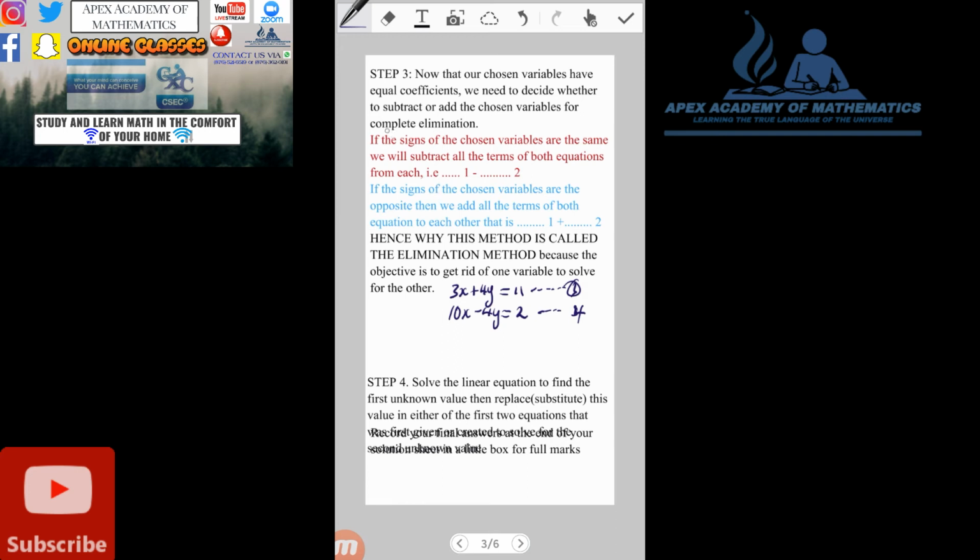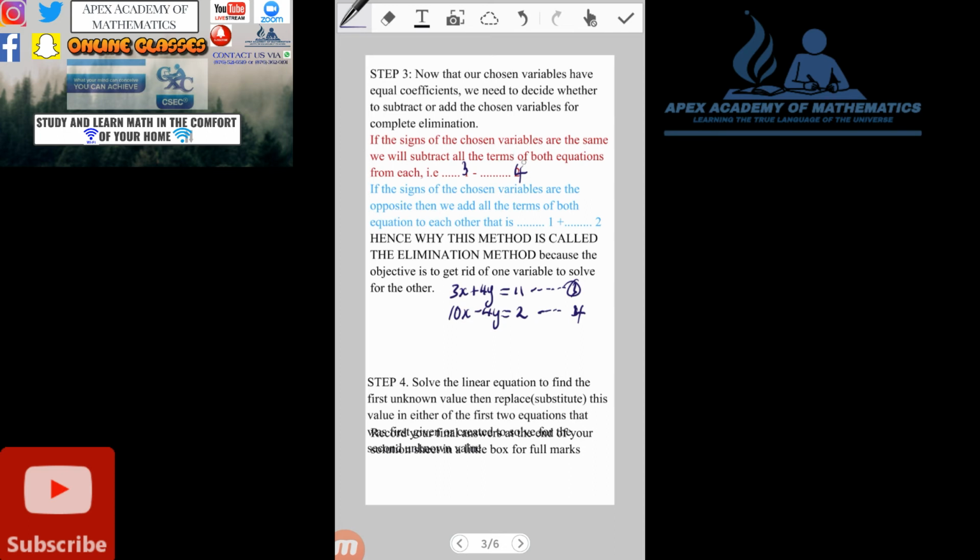So it says here, if the signs of the chosen variables are the same, we will subtract all the terms of both equations. In this case, we are thinking about equation 3 being subtracted from equation 4. But here, we recognize that this is a plus and this is a minus, so the signs are not the same.